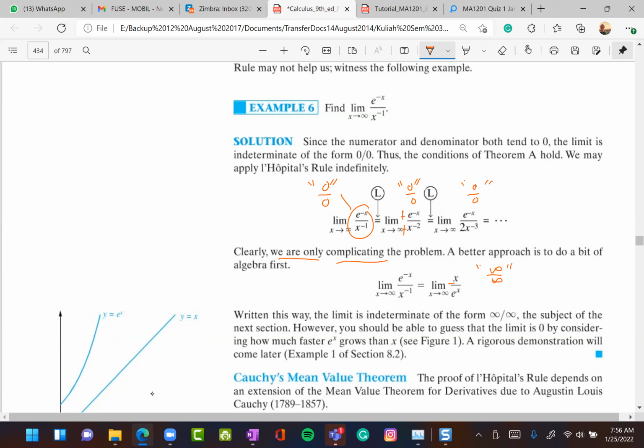Okay, so you can use now the L'Hopital rule. As x goes to infinity, take derivative, 1/e to the x. This is 1/large, so the limit is 0. So this justifies us to use L'Hopital.